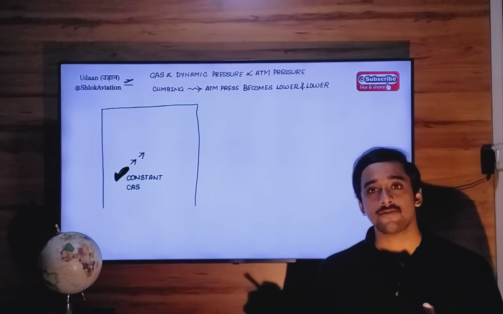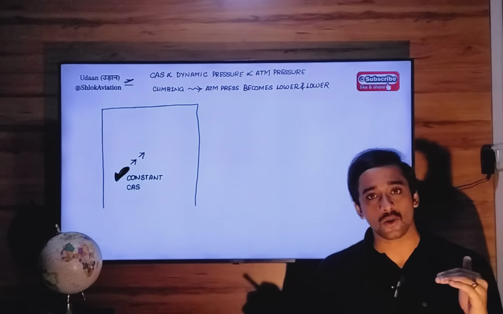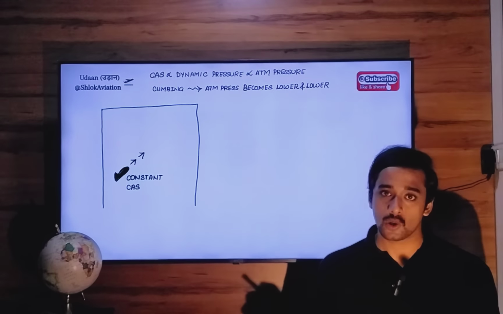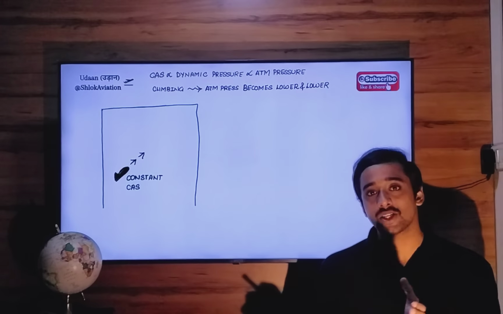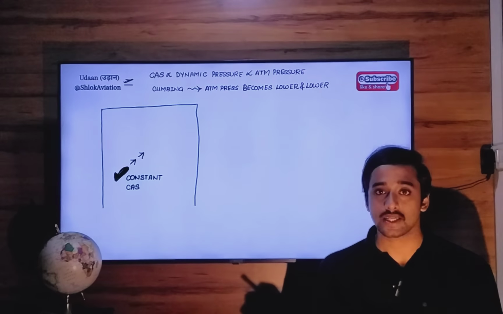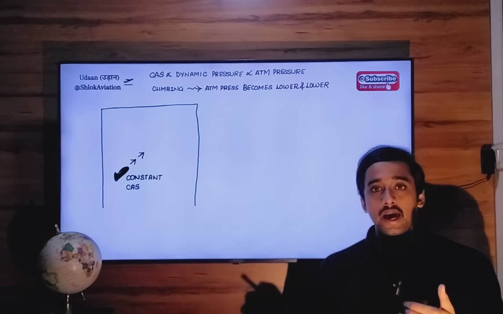That doesn't mean your aircraft speed is decreasing. It may be flying at a constant true airspeed, but still the calibrated airspeed or indicated airspeed shown to us decreases, because the pressure that the airspeed indicator registers is decreasing as you climb to higher altitudes.